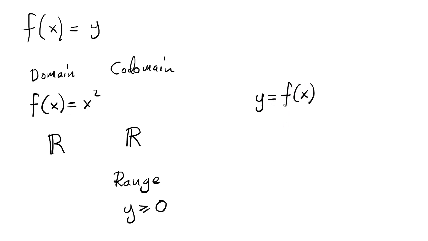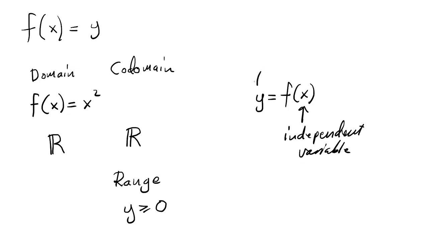So we have a function y equal to f of x. You say that y is a function of x because y depends on x. So x is sometimes called the independent variable, because you can choose x freely, at least freely from the domain.